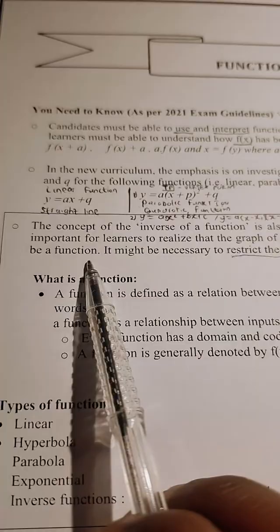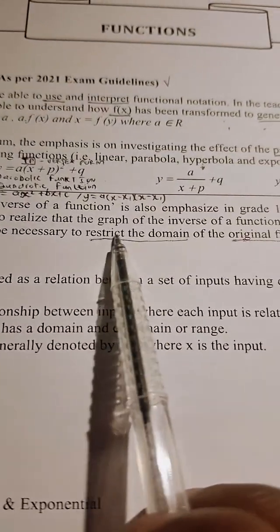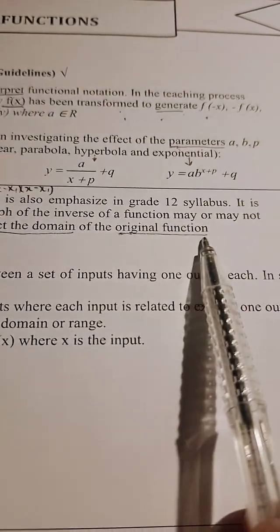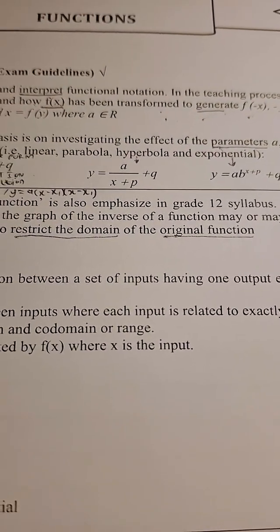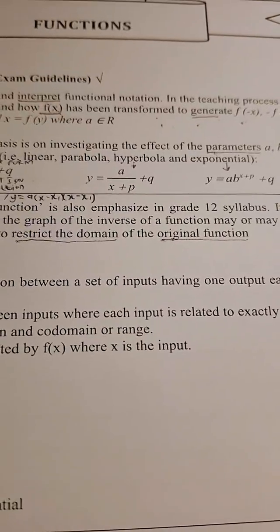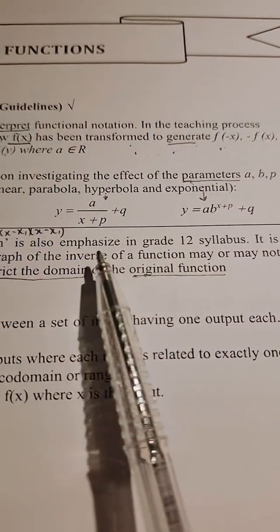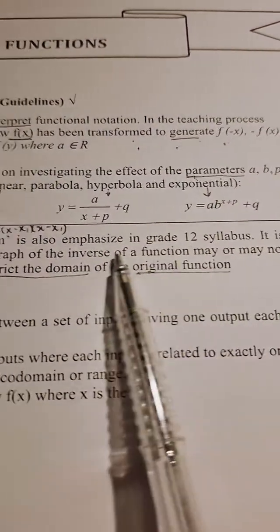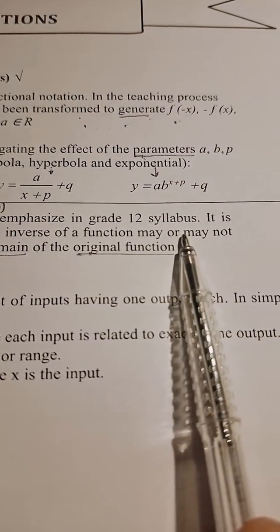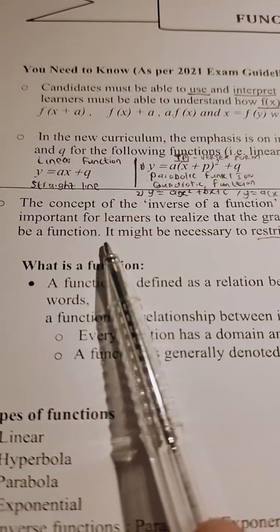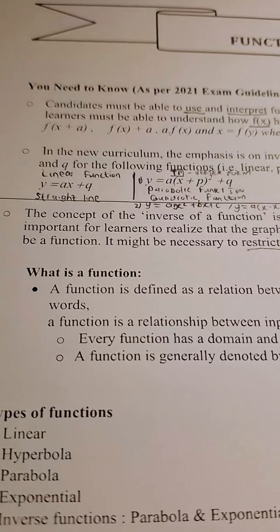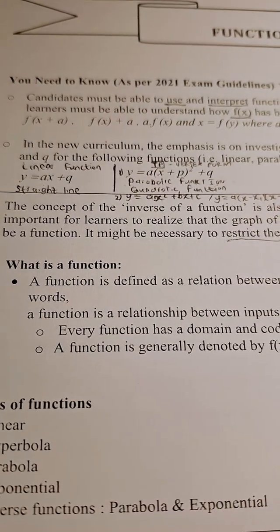When it is not, it becomes necessary for us to restrict the domain of the original function so that the prevailing inverse function can actually be considered a function. Now some of you are like, hey, are you trying to say that the inverse of a function may or may not be a function? Yes, that is the case.